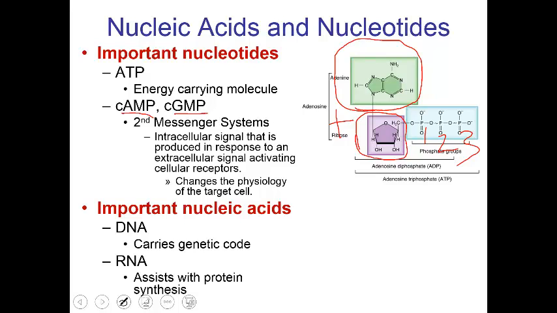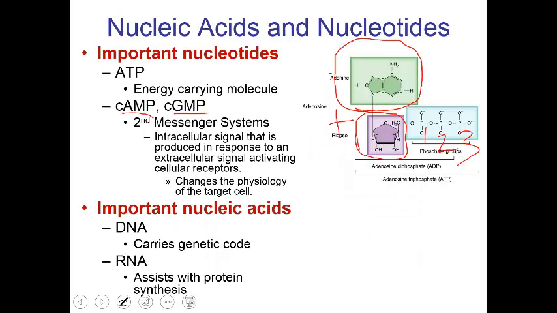These are responsible for cell signaling. When we talk about nucleic acids as a whole, DNA is responsible for storage of our genetic information. RNA, or ribonucleic acid, is responsible for gene expression and protein synthesis.